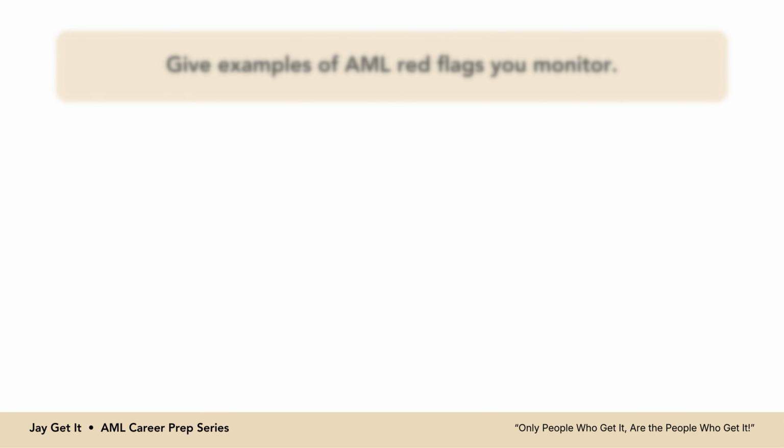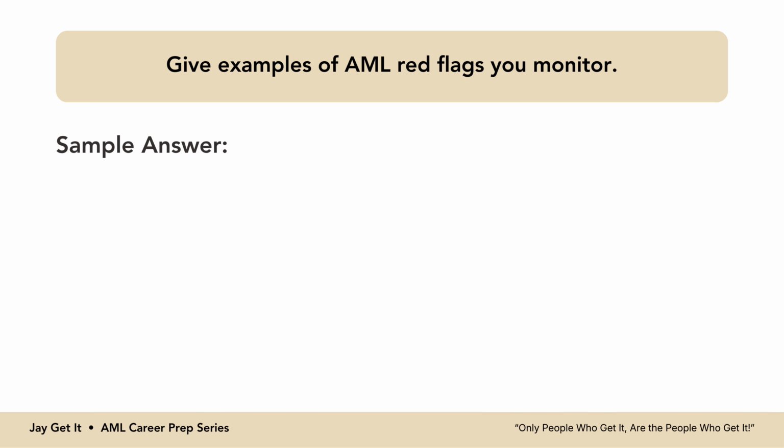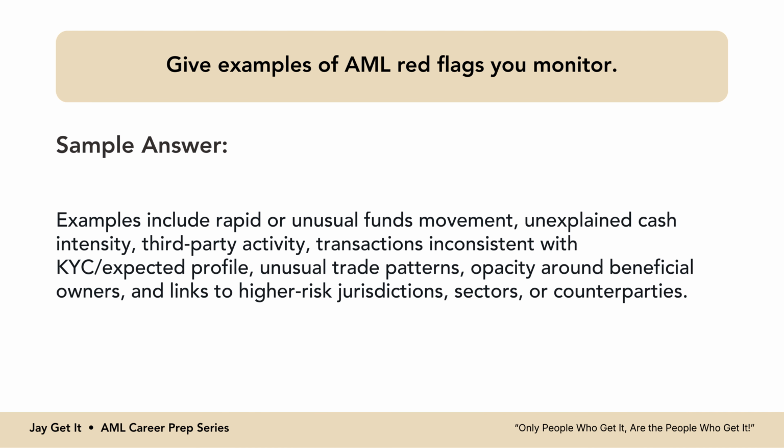Question number 12. Give examples of AML red flags you monitor. Sample answer. Rapid funds movement, unusual cash intensity, third-party activity, inconsistent business purpose, unusual trade patterns, beneficial ownership opacity, transactions inconsistent with KYC profile, and links to higher-risk jurisdictions or sectors.